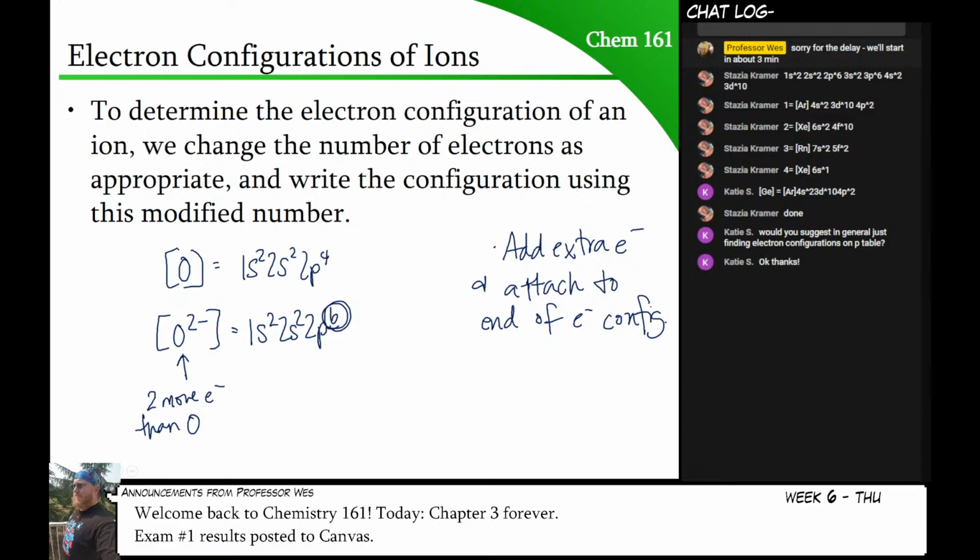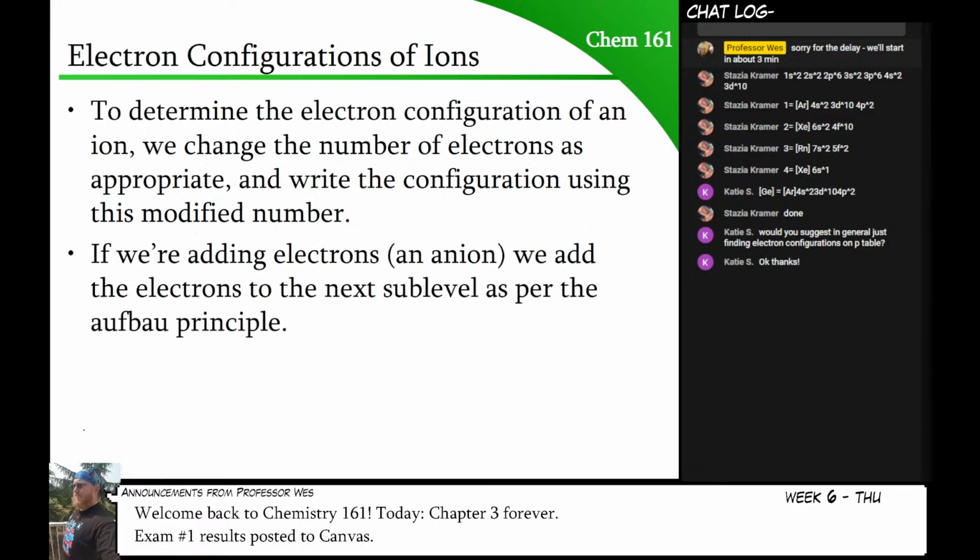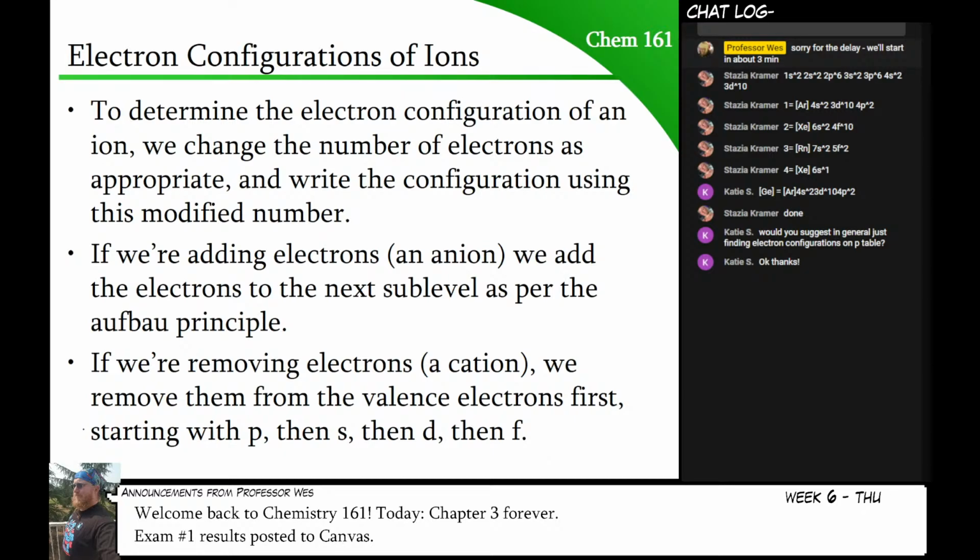So anything with a minus charge, you're just going to continue adding in electrons. And they go on the lowest level that's available, so the lowest energy orbital. Generally speaking, that's going to be whichever one you're filling. Otherwise, if you had filled the orbital, like if you had sodium 2 minus or something like that, you'd fill your s orbital and then go to the p orbital, and that's fine. So let's put that one in there.